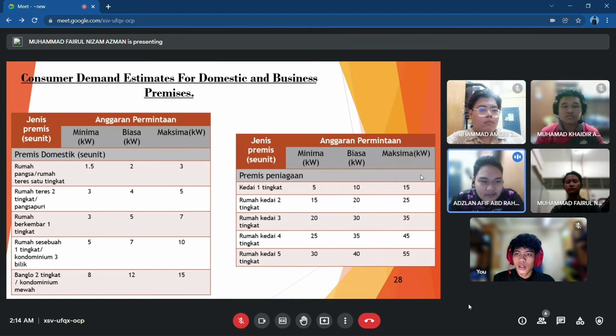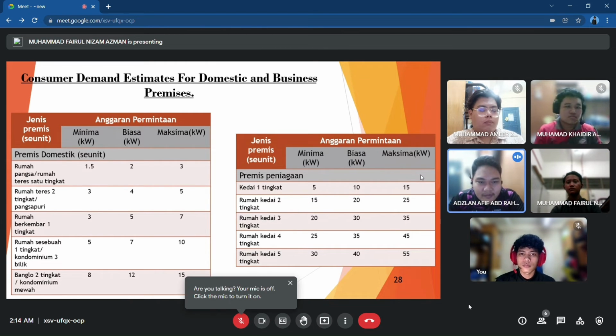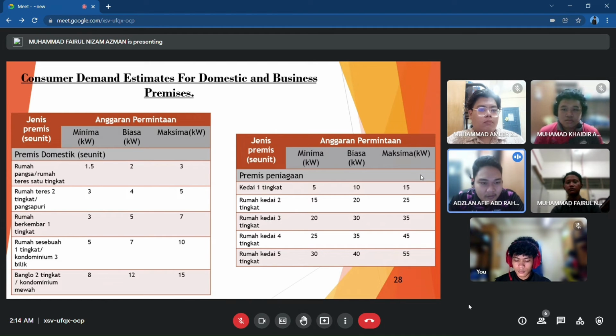Alright, for the consumer demand estimate for domestic and business premises, for the calculation of the power supply, first we have the type of housing and also the type of shop house, and the requirement of the power supply for every element.